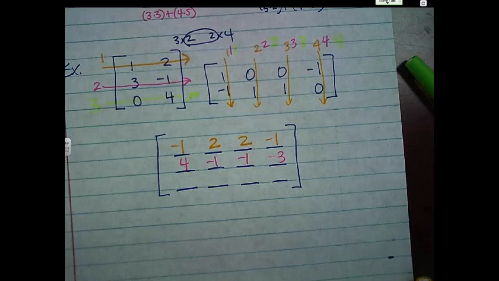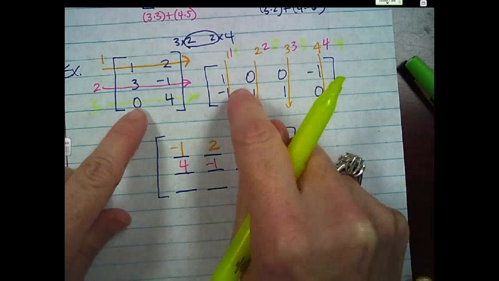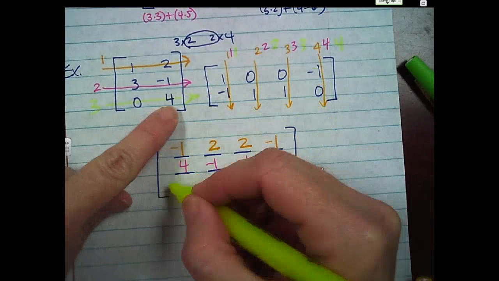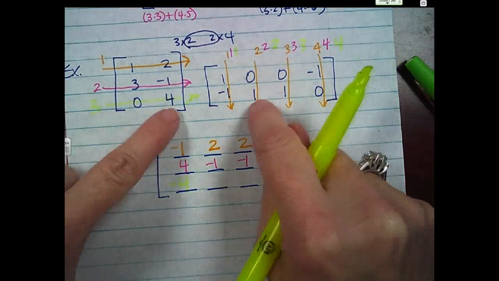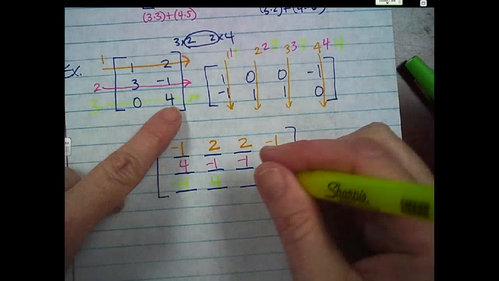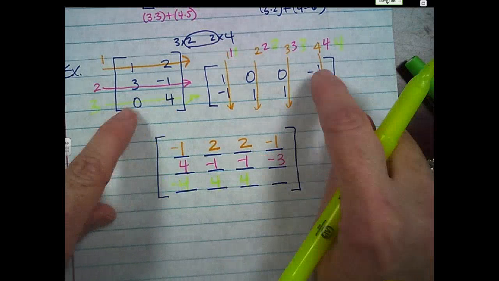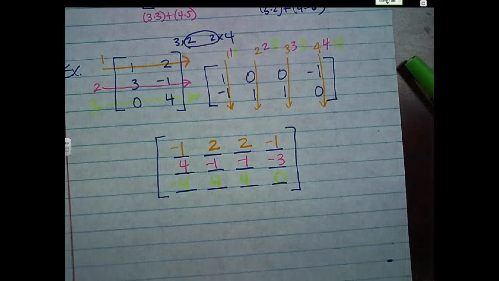Okay, so we're gonna use a different color again and write down our answers. It would be 0 plus -4, so you get -4. Now go to the second column, 0 plus 4 is 4. The third column, 0 plus 4 again is 4. And then 0 plus 0 is 0. See how all the zeros really do help?